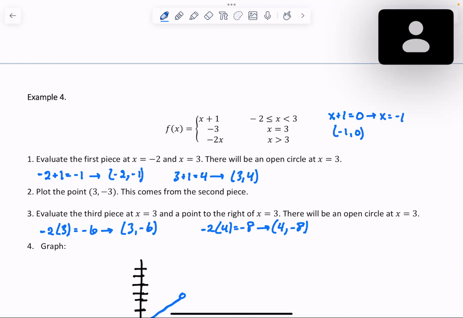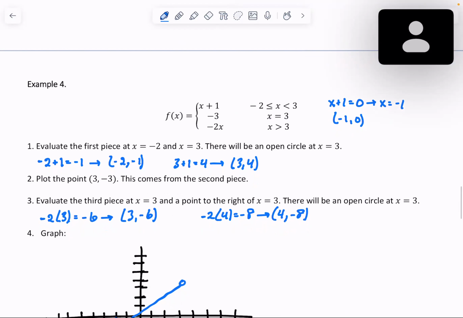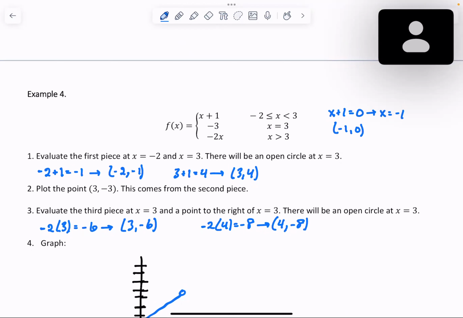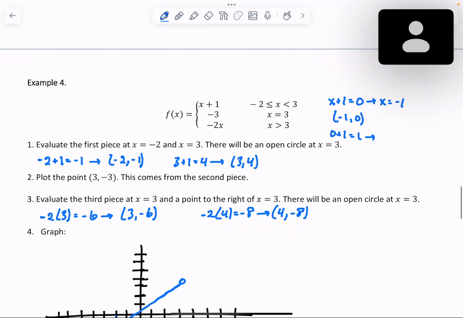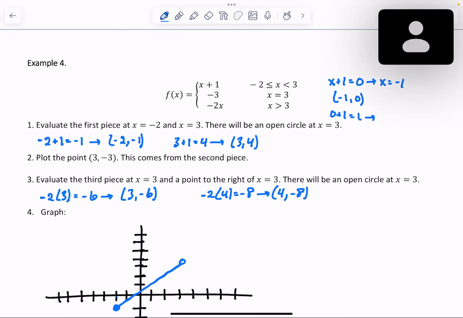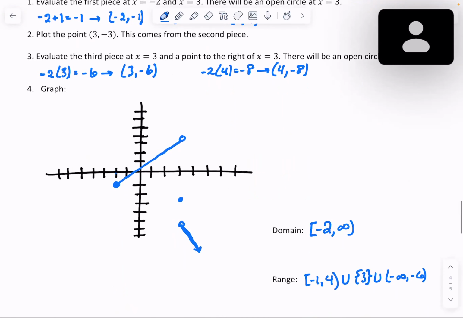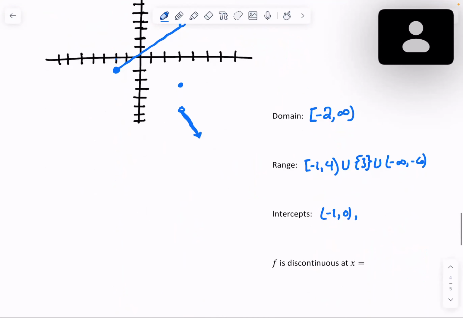For the y-intercept, I just plug x equals 0 into this top piece here. If I do that, 0 plus 1, then I get 1, right? So that means my y-intercept is the point (0, 1). So now I know the two intercepts for this: the x-intercept and the y-intercept.